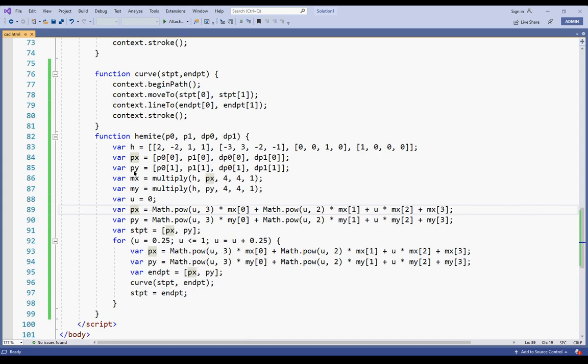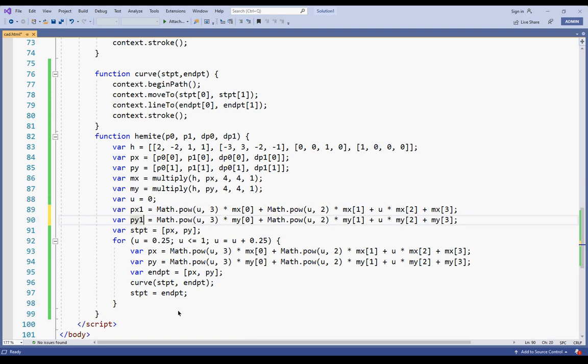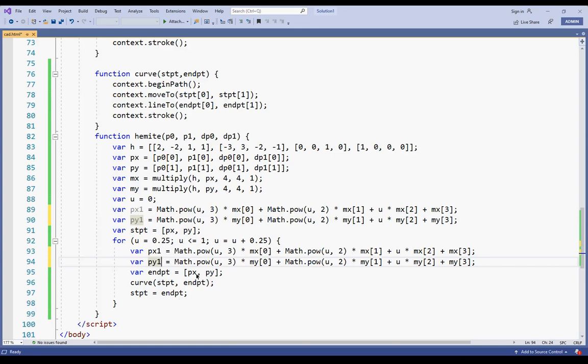Anywhere I am not using px and py after multiplying it. Okay, so just leave it. I change this to 1. To avoid the confusion, I'll just change it to 1.